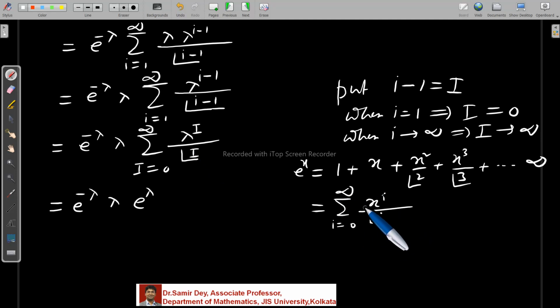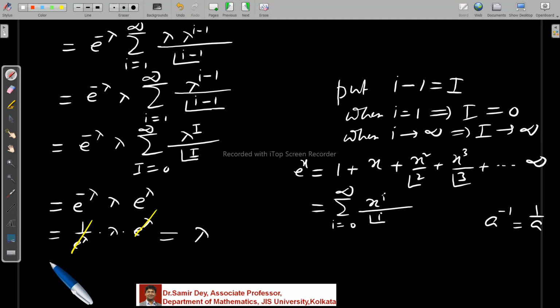So if I have this expression, then you can write e to the power x; same way, I can write e to the power lambda. These two cancel, because you know a to the power minus 1 is 1 by a. Same way, you may write 1 by e to the power lambda into e to the power lambda. So these two are cancelled, and ultimately you have lambda. Therefore mean is equal to E of capital X equals lambda.